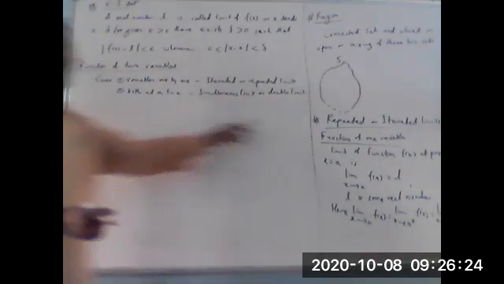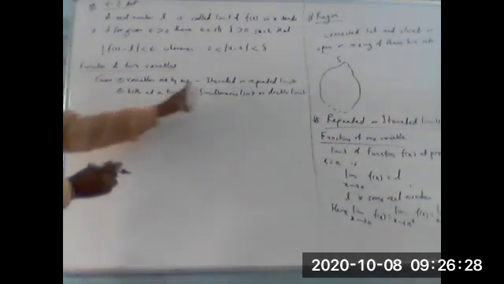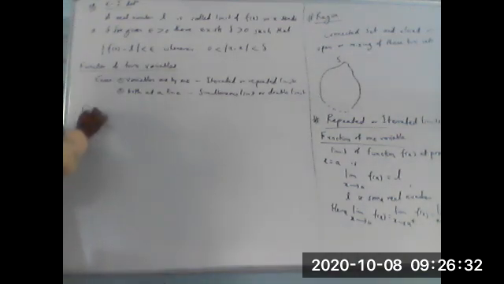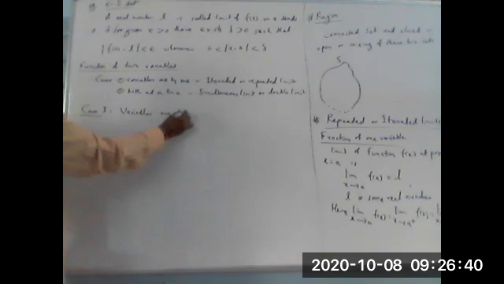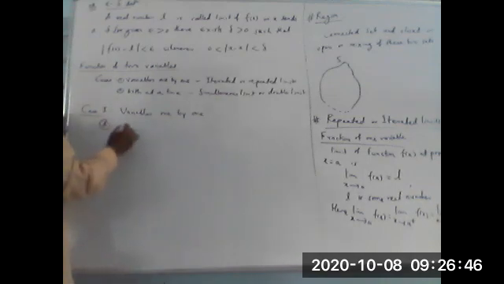Now we are considering repeated or iterated limits. Therefore, we consider variables one by one, and in this we have two types.